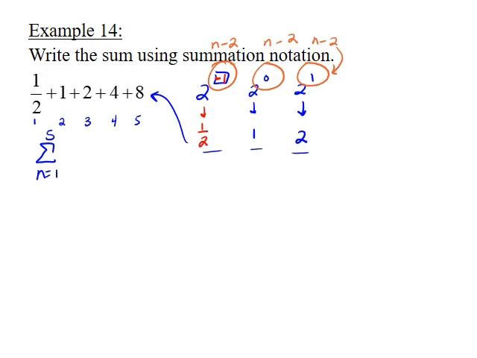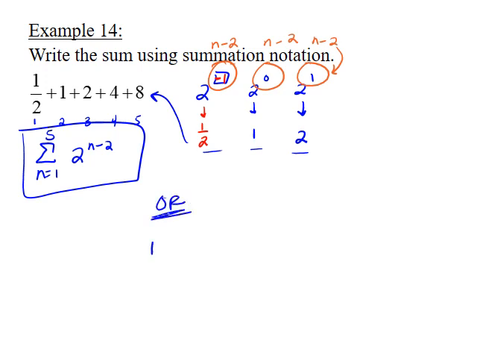So I can represent this sum as 2 to the n minus 2. There are other ways you can represent this. You could also say 2 to the power of n divided by 4, or you could say 1/4 times this. And there are a couple other choices, but these are the most obvious in my opinion.